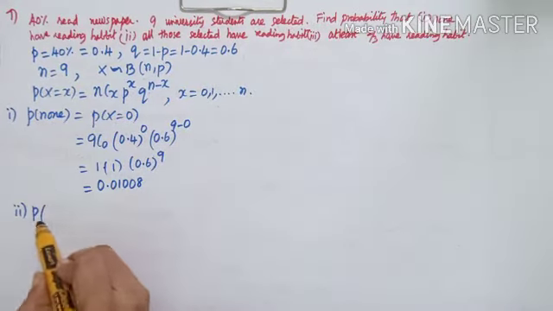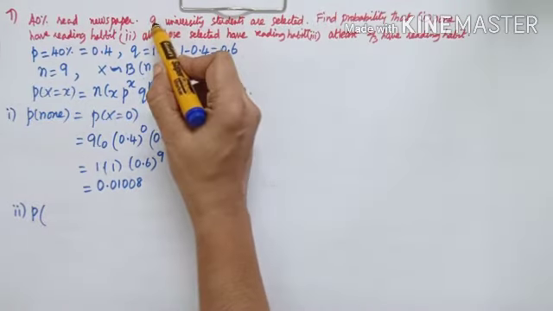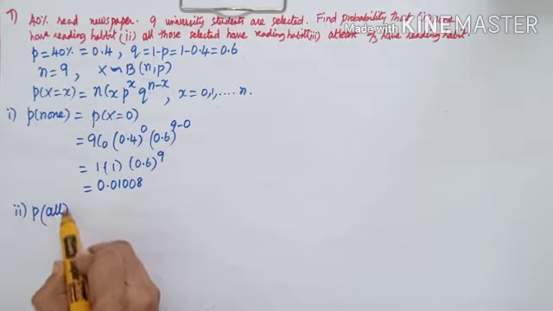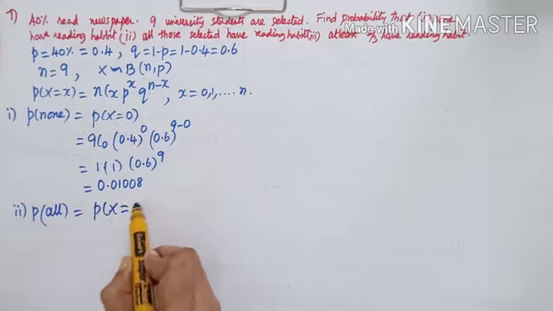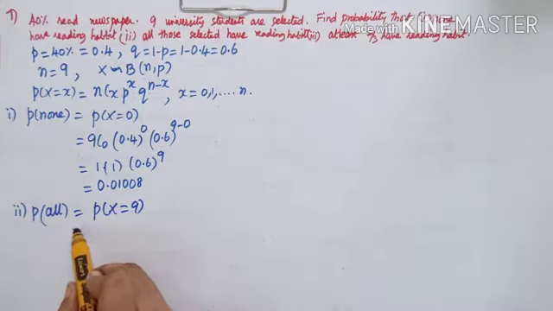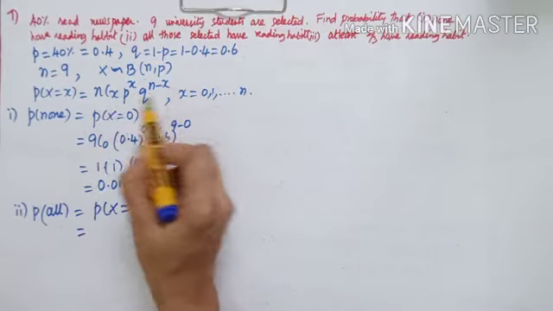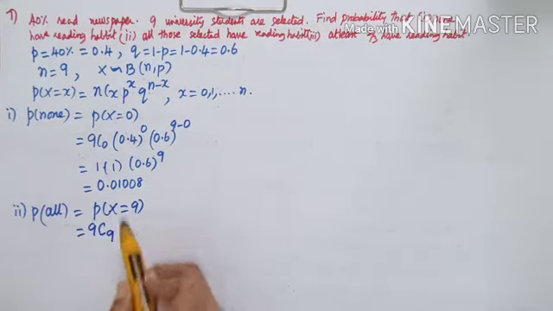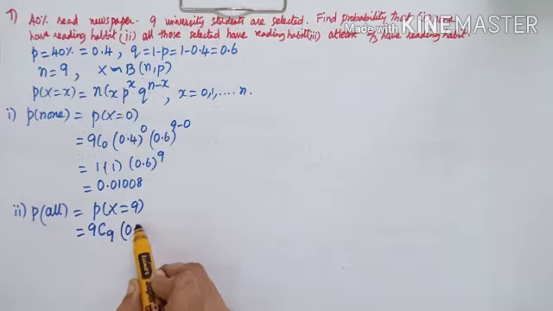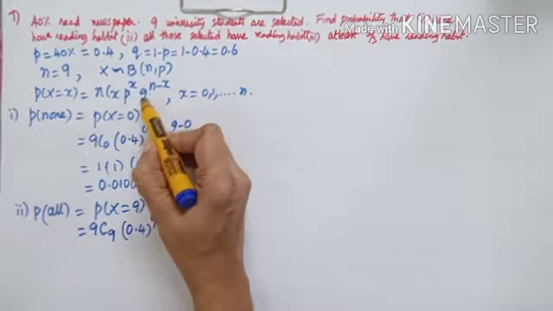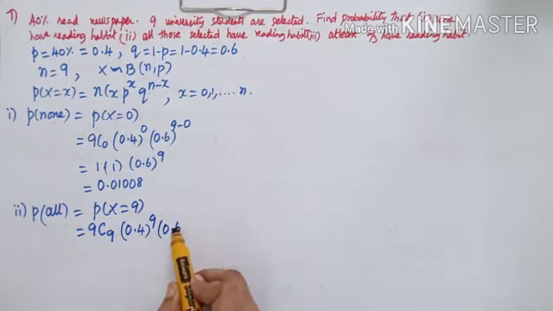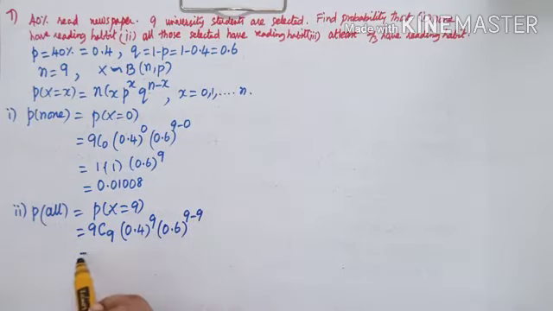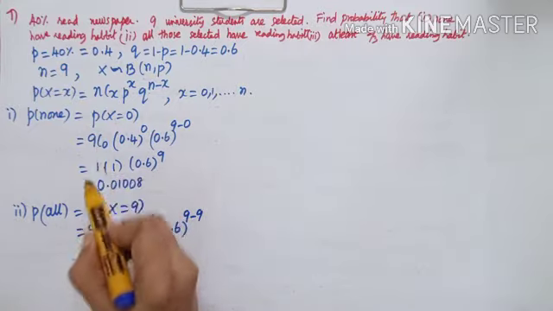Second part of the question is all those selected have reading habit. How many are selected actually? 9. So my question is probability of all tells me x is equal to 9. That is, wherever x comes, let us put 9. N is 9, 9C9, p power x 0.4 power 9, q power n minus x 0.6 power 9 minus 9. When the numbers are same, combination is 1. When it is 0, it is 1.